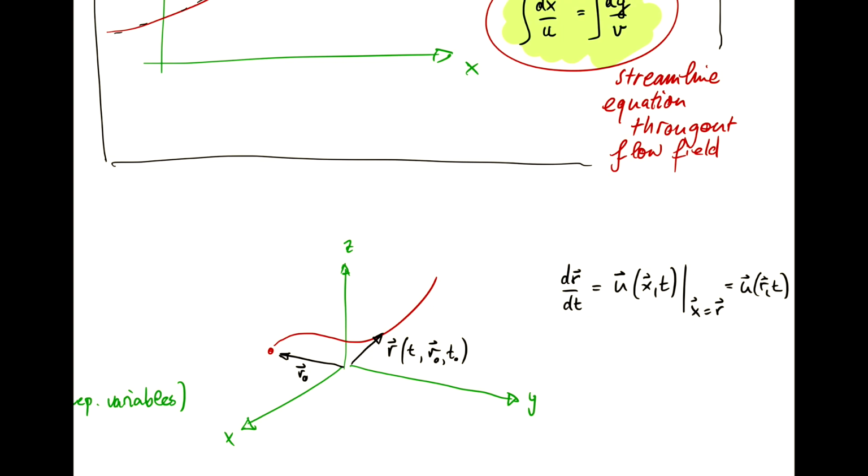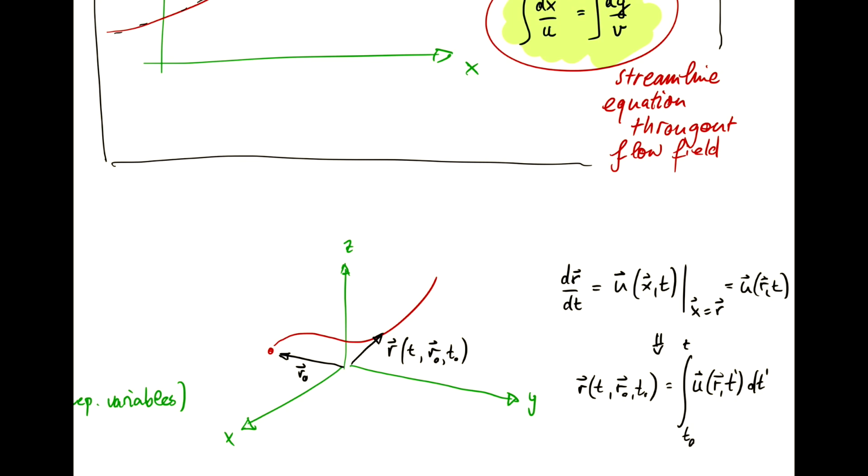Now, in order to find the position r, we just integrate this equation. So r of t, r0, t0 is simply the integral from t0 to t of u of r and t' dt'.